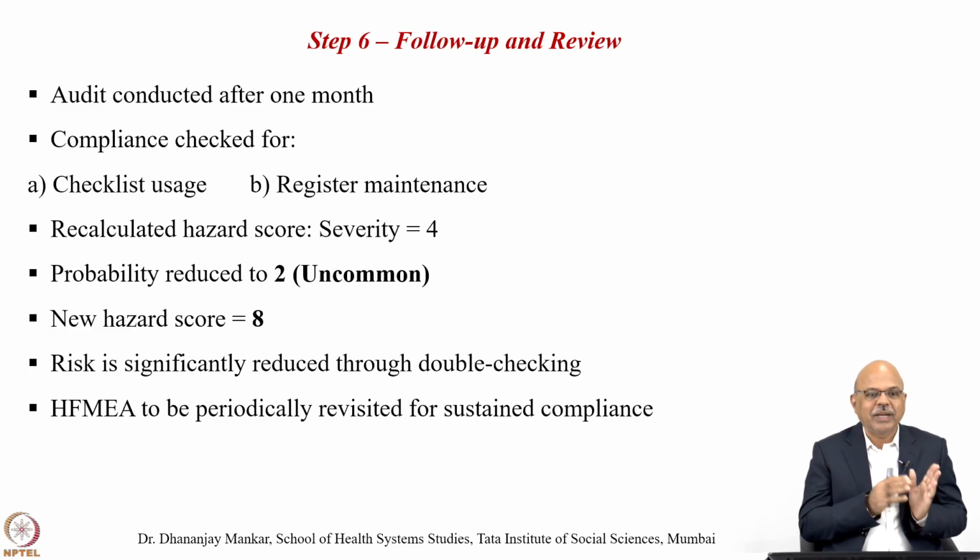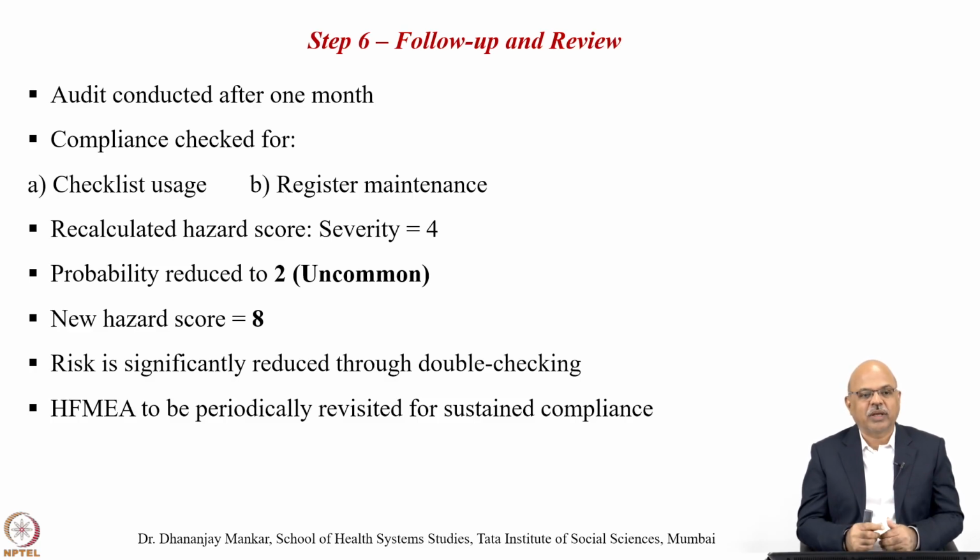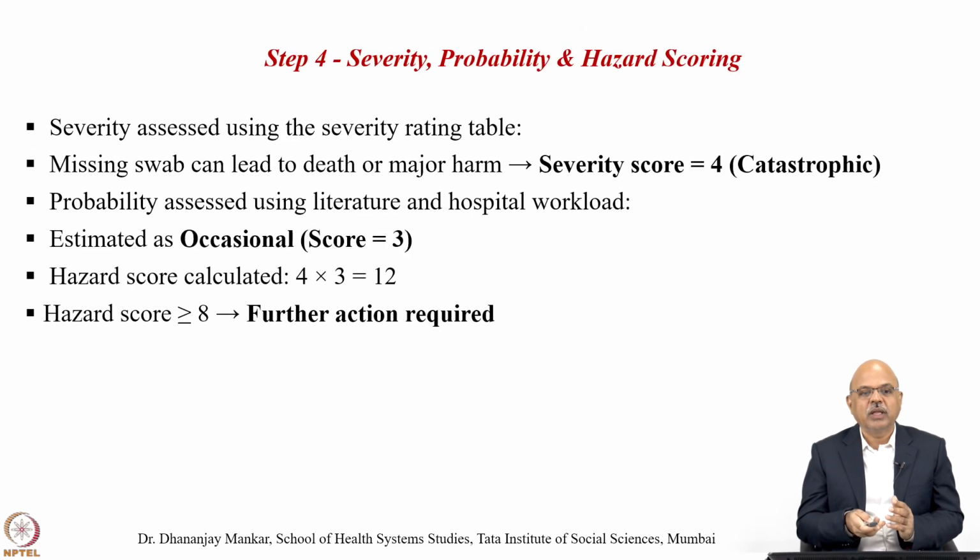The audit is conducted after 1 month; the team has taken the action plan for 1 month, they have done it, and the compliance is checked. The compliance is checked with respect to checklist usage, register maintenance and the team taking this up. The hazard score is recalculated: severity is equal to 4 and the probability is reduced to 2, which is uncommon, and the new hazard score is 8, whereas previously it was 12.